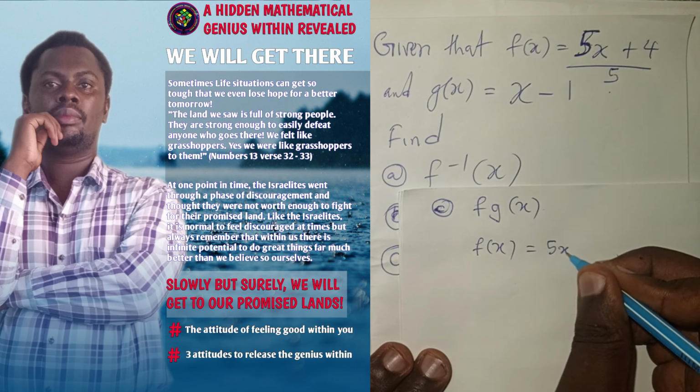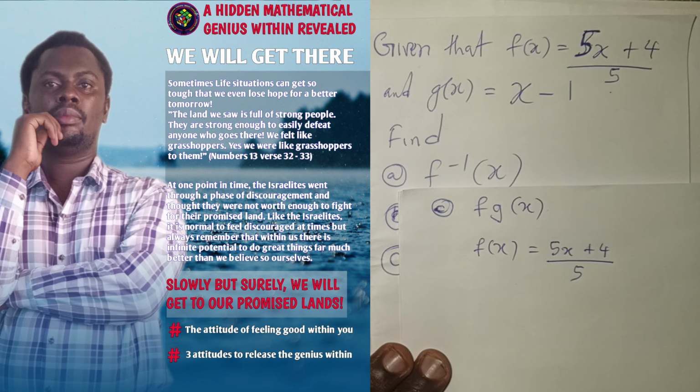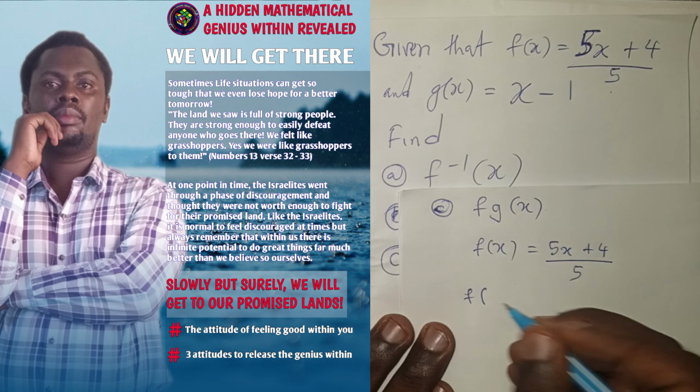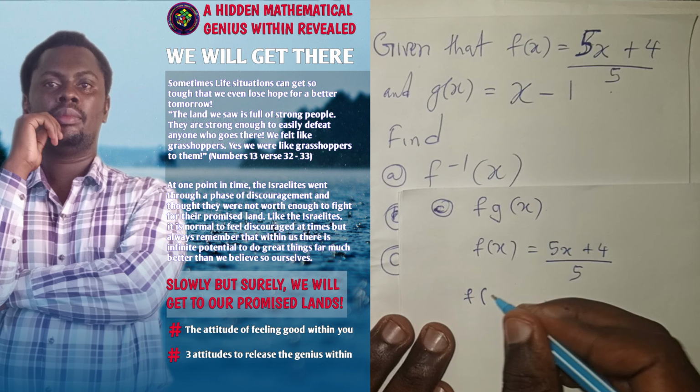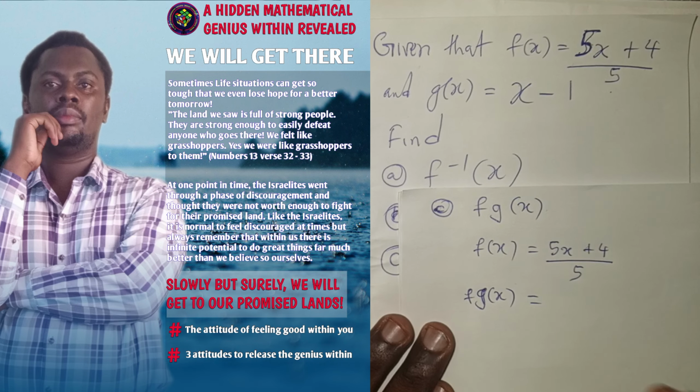F of x is (5x plus 4) over 5. Now in this f of x, we want to put g of x. Where there is x, we're going to put g of x.